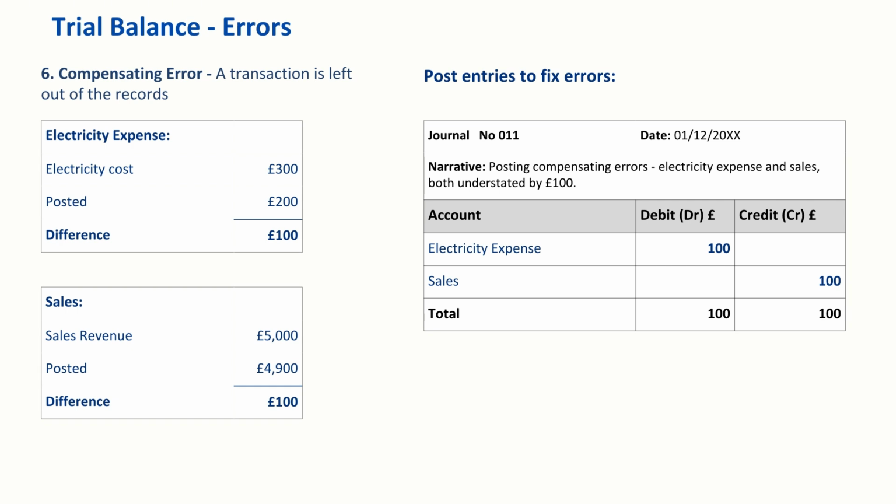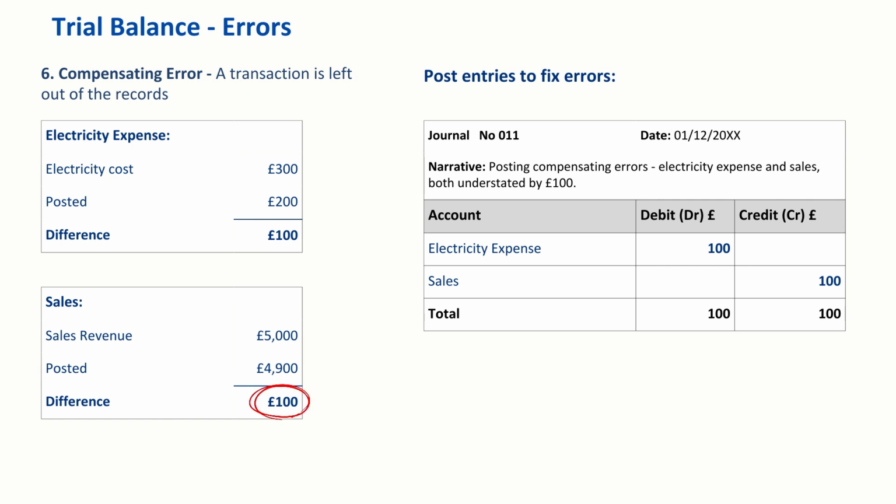Let's look at two unrelated errors. Error 1. Electricity expense was supposed to be £300, but the bookkeeper posted £200. The debit side is understated by £100. Error 2. Sales revenue was supposed to be £5,000, but only £4,900 was recorded.